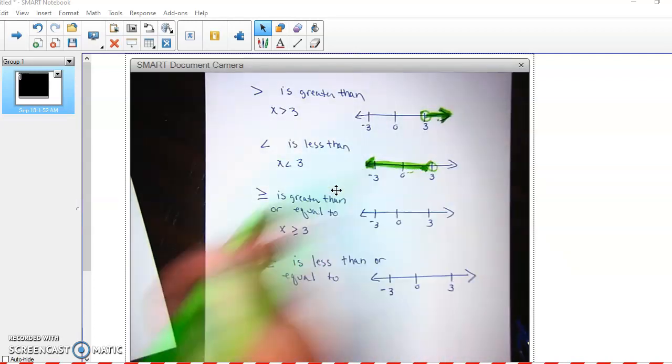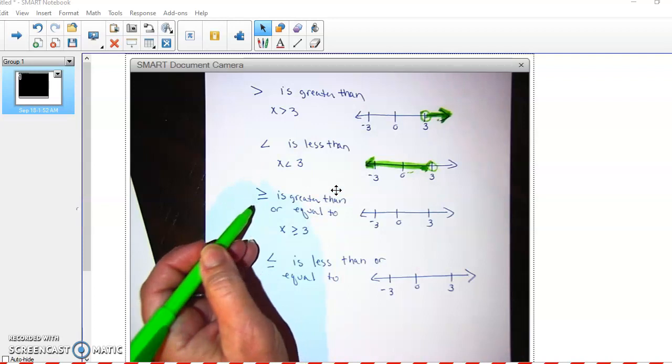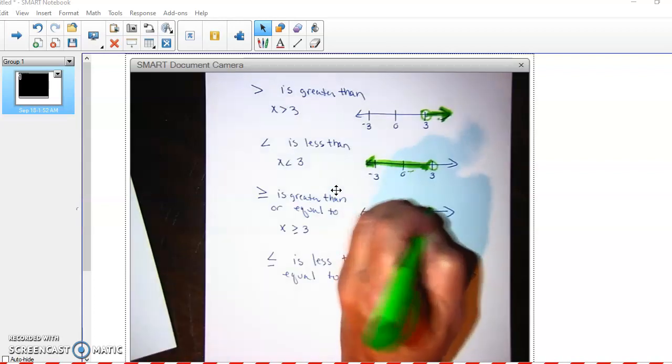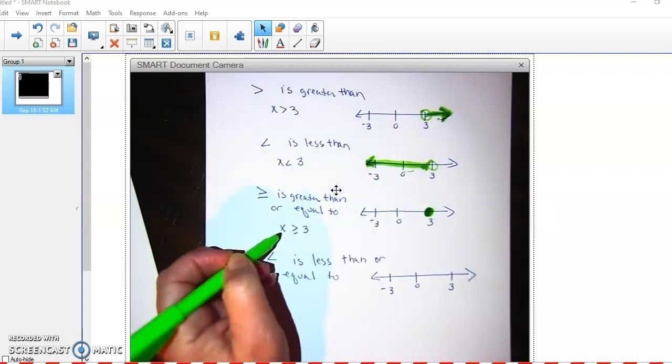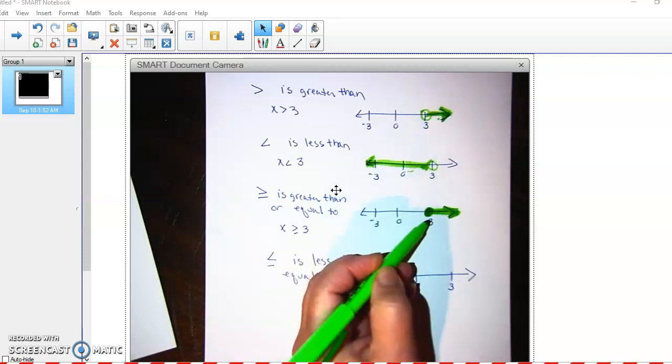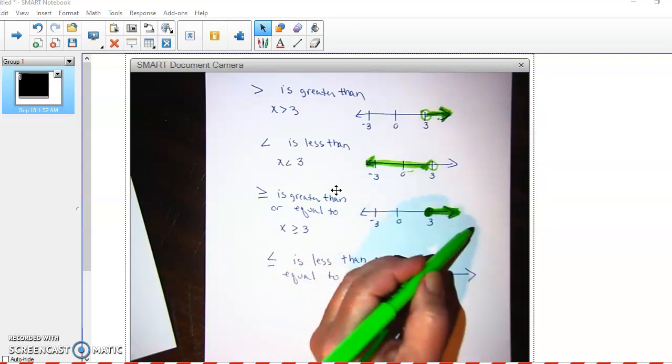solution. On this one, this is greater than or equal to. So because there's a line under here and it's equal to, I'm going to shade that circle in. That means I can say 3, which makes it true, is greater than or equal to 3. So x represents all the numbers from 3 and everything above.